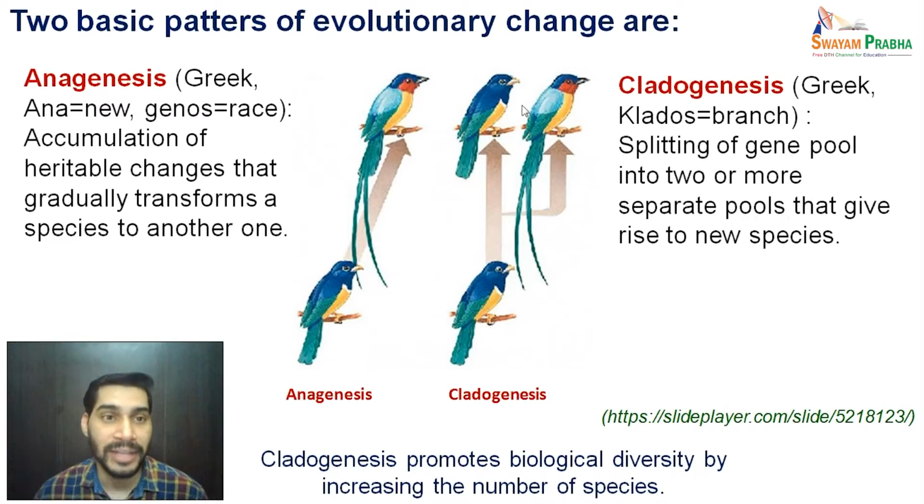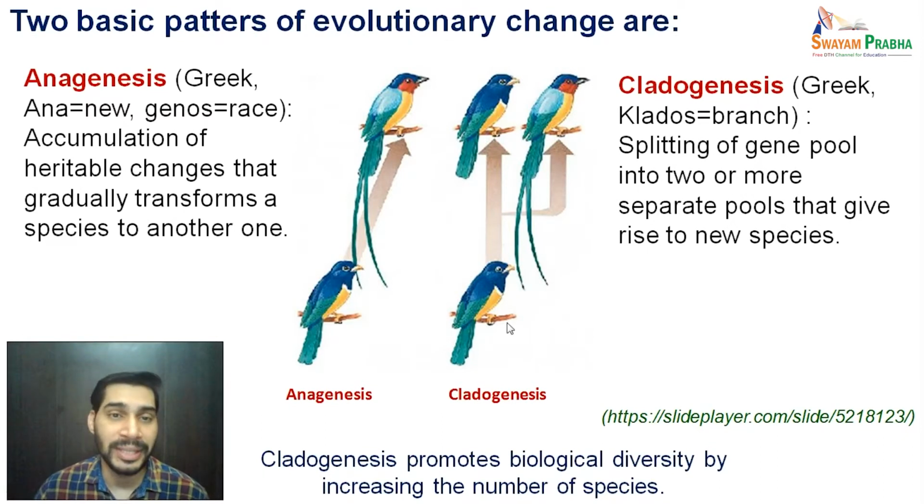In contrast to anagenesis, which we saw here, focus on this part of the diagram now. Here, this particular bird species splits into two different lineages, or in other words, the gene pool of the population here splits into two different gene pools, and these two gene pools give rise to two different species.